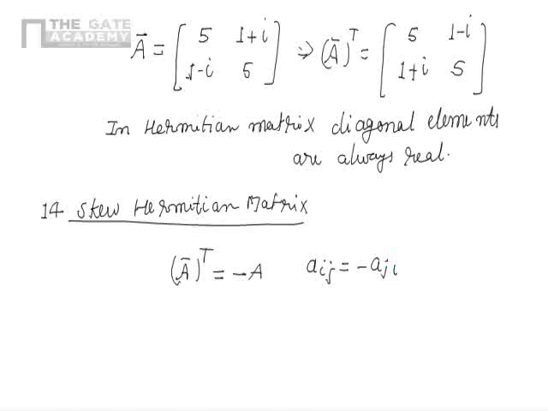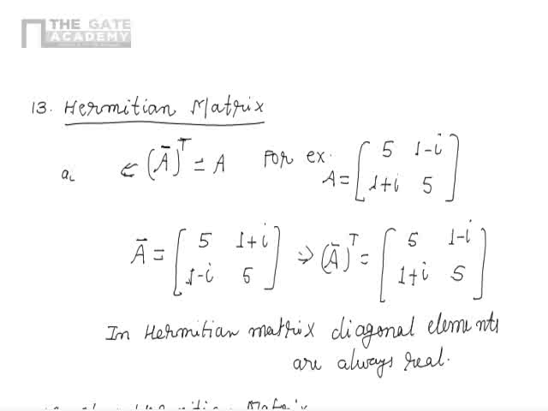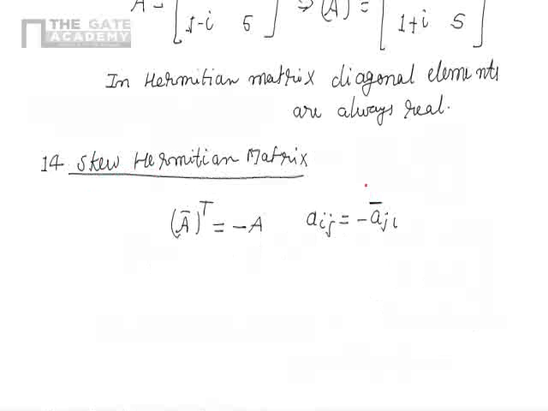Similarly, in the Hermitian case we can write it as Aij is equal to the complex conjugate of Aji. An example of this type of matrix is 5, minus 1 plus i, 1 plus i, 5.